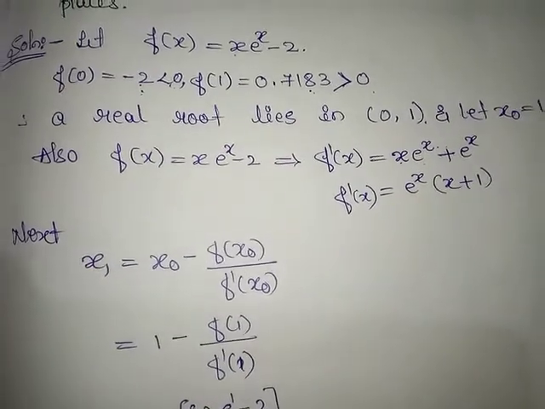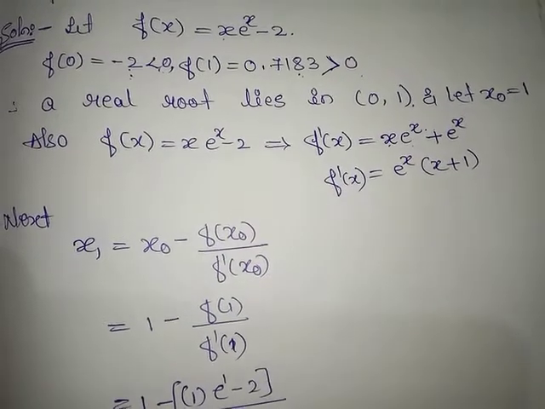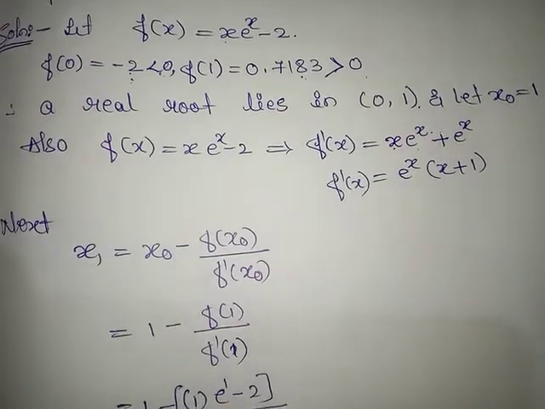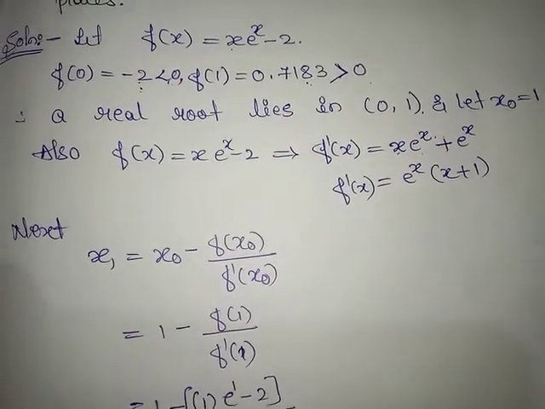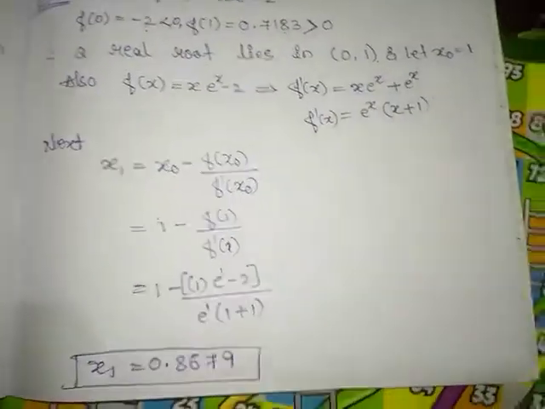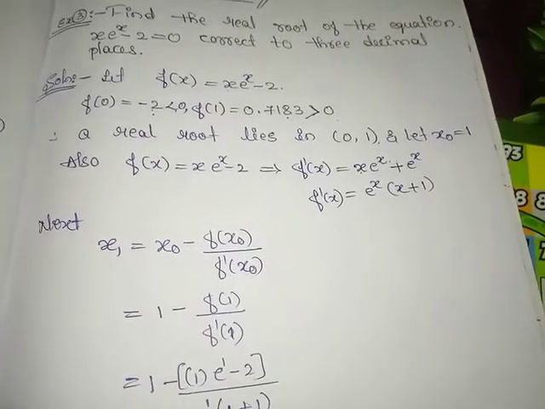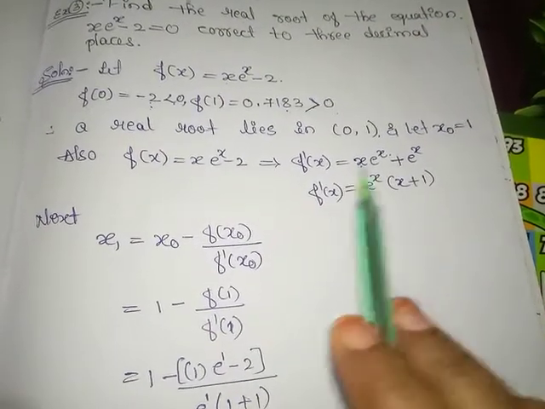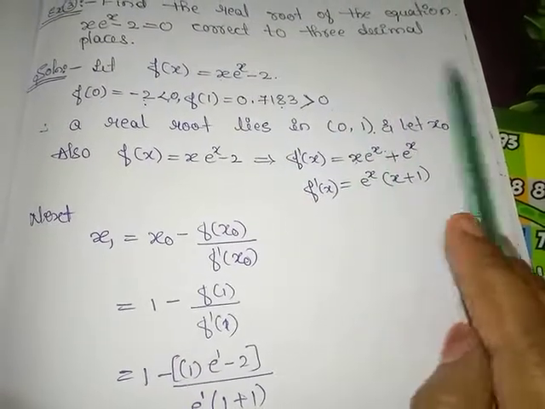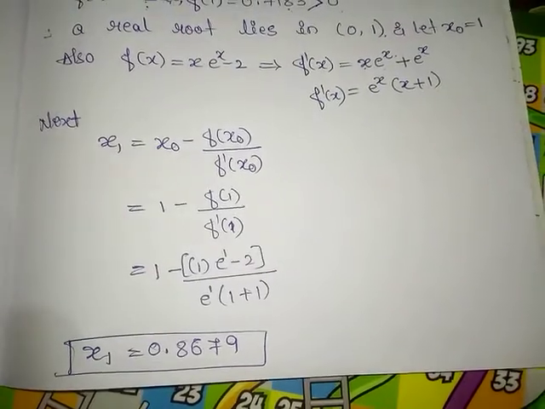On calculation, we get x1 is equal to 0.8679. Here we have to find the desired value of x corrected to 3 decimal places.